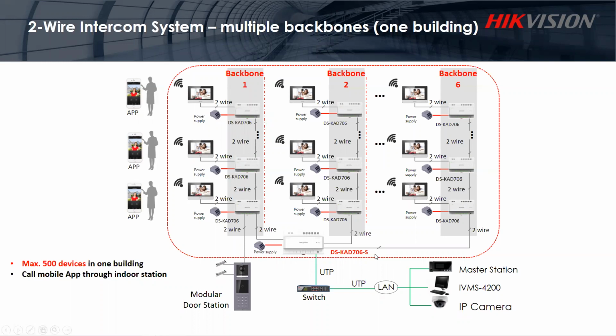So it can be a backbone, and you can use it to connect your other backbones to this one here. And from that one, we can just run one cable to your network. And then you will LAN and connect to the other master station, IBMS, and the IP cameras as well. Absolutely, the maximum devices in one building has to be 500 devices.